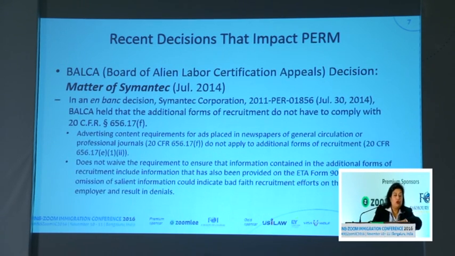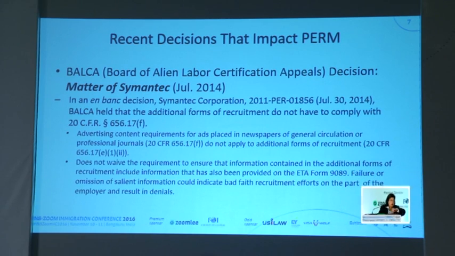Now, the next couple of slides are all about recent decisions that impact Perm. Oh, before I get into that, I forgot to mention in the slide the Kellogg language. I'm sure all of you who have been doing extensive Perms are very well aware of it. A lot of Perm applications were being denied in 2009, 2010, 2011 for the omission of the Kellogg language.